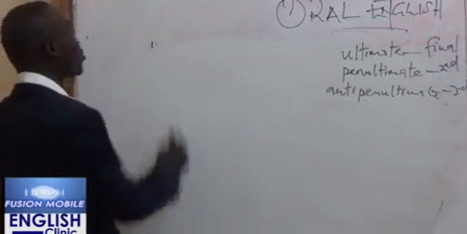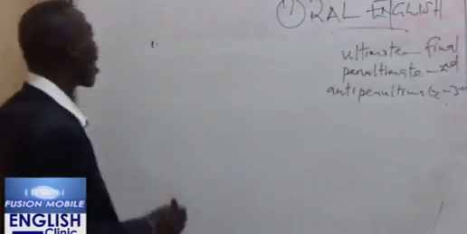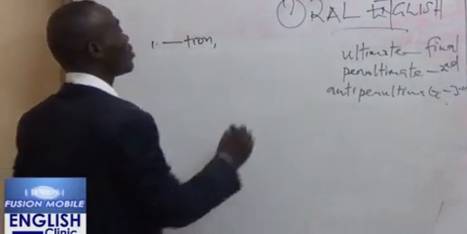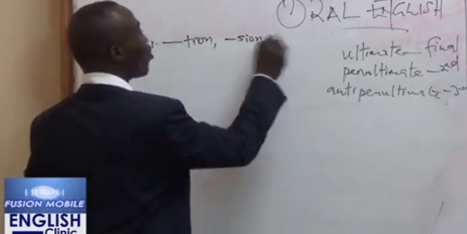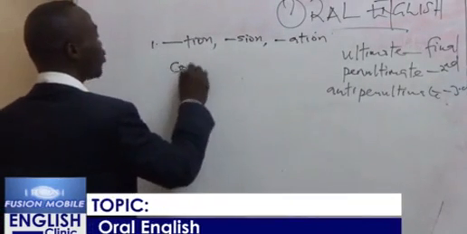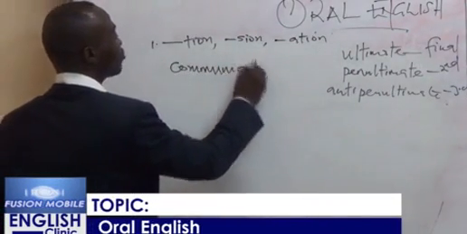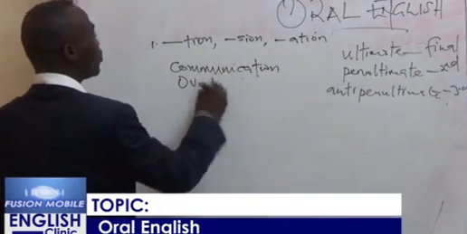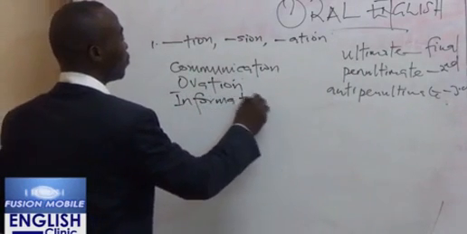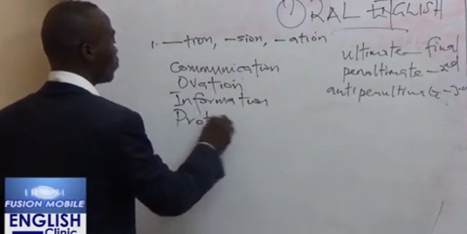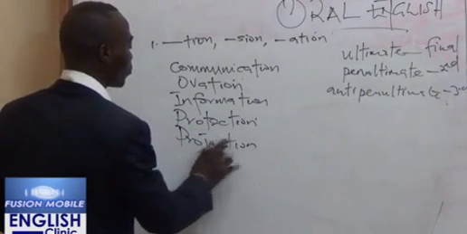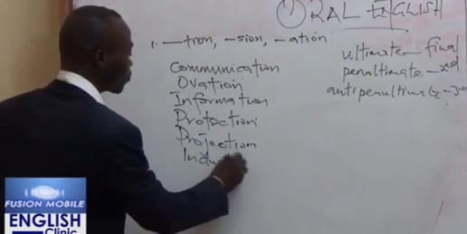Now, when we want to talk about word stress, whenever we have words ending with the suffixes tion, sion, or ation, as in words such as communication, ovation, information, protection, projection, induction, and so on and so forth.